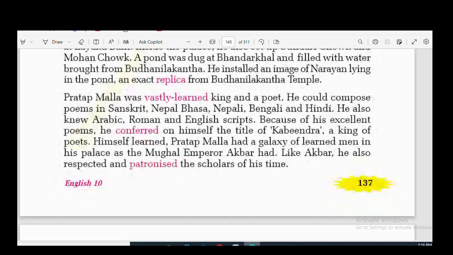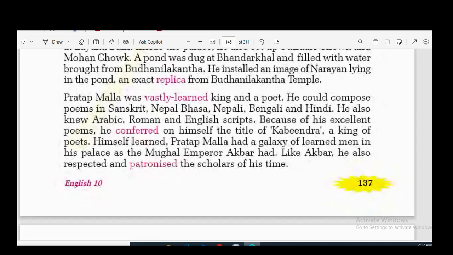Learned. Pratap Malla had a galaxy of learned men, intellectual people. He had a huge team of intellectual people in his palace, as the Mughal Emperor Akbar had. Akbar also used to keep an intellectual team to advise him.